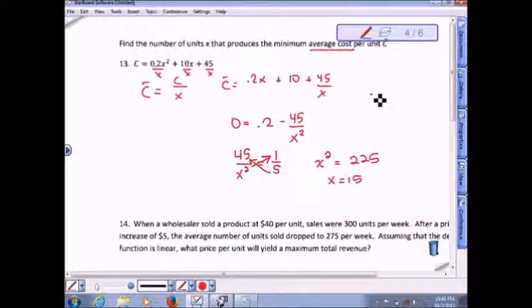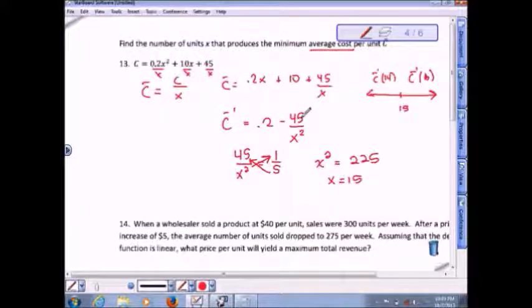So we do have to just show that this is indeed a minimum value. So if we were to take 15 and then we could find c bar prime of 14, for example, and c bar prime of 16, and see what's happening here.